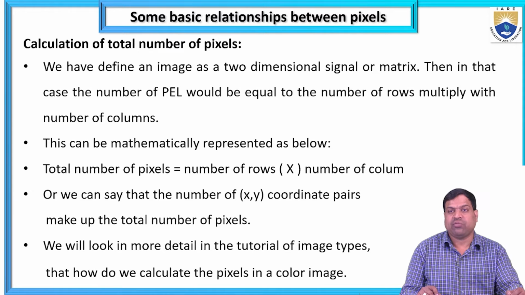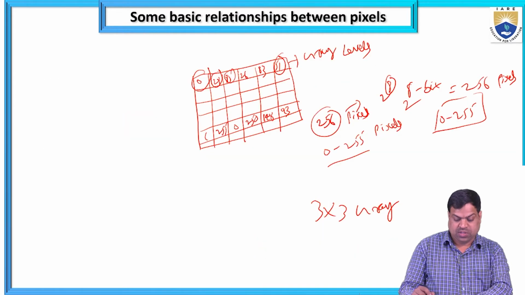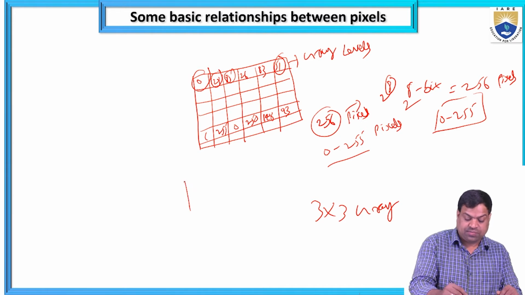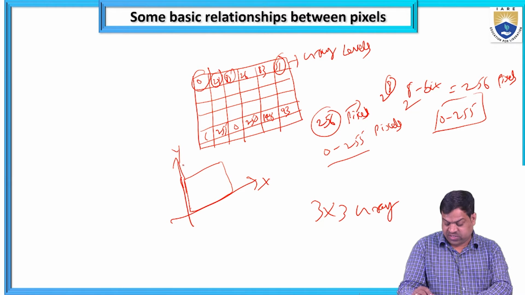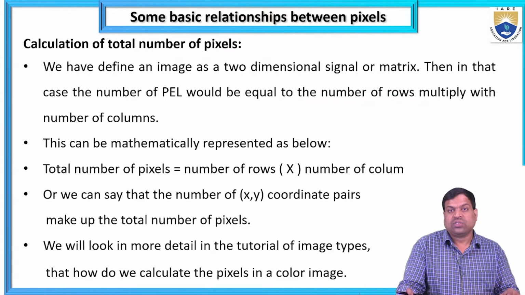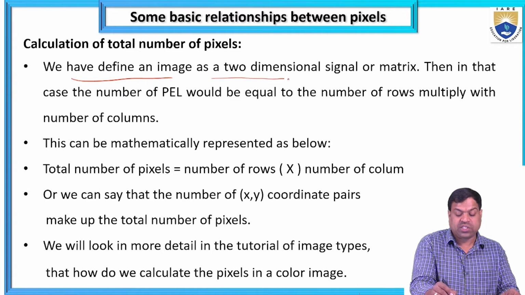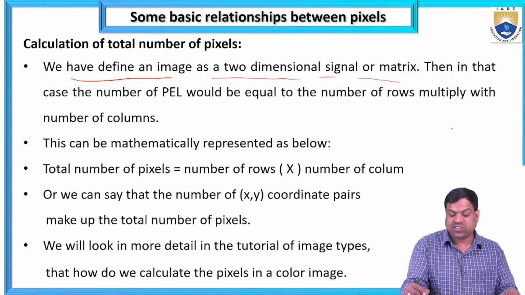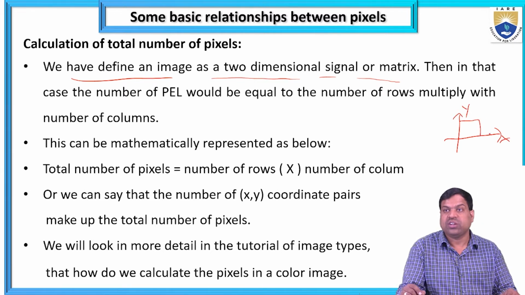Then in that case, the number of cells would be equal to the number of rows multiplied by the number of columns.